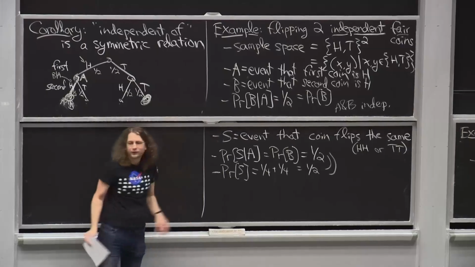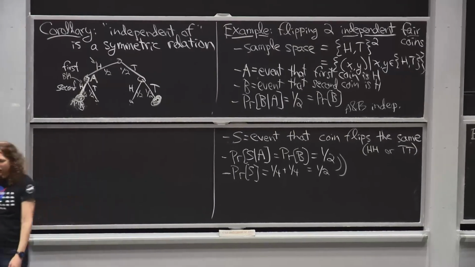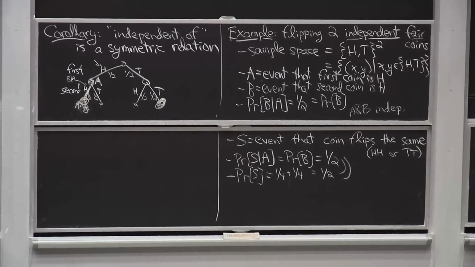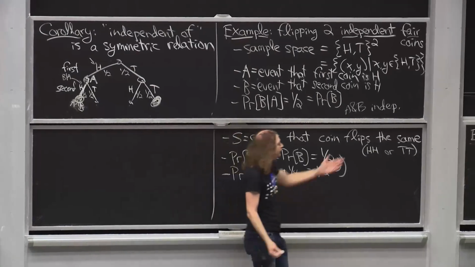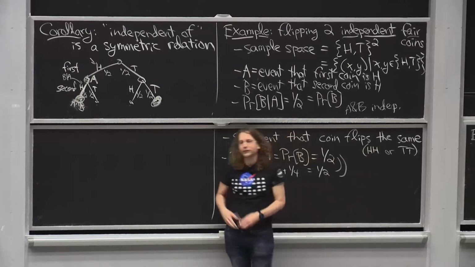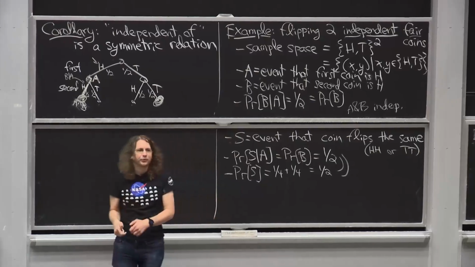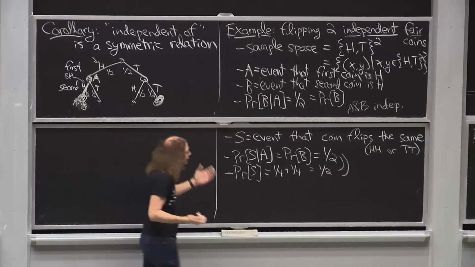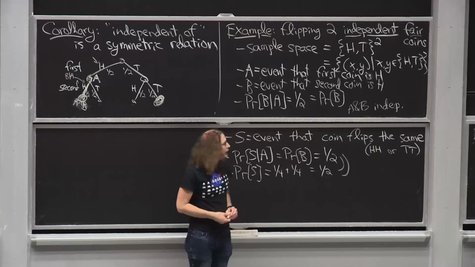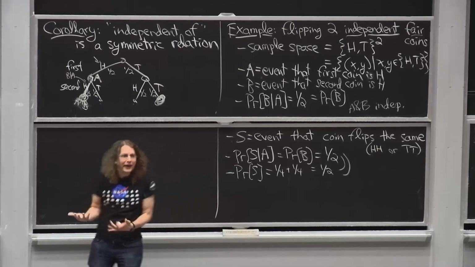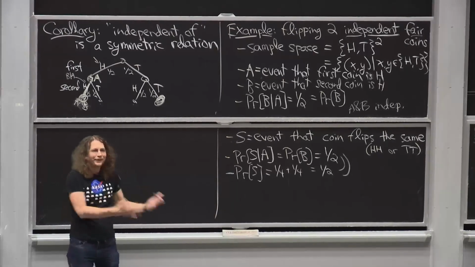So you can think of this as a betting game. Suppose I ask you to bet on whether two coins are going to come out the same or different. And they're fair, independent coins. So I'm going to flip them, and you get $1 if they're the same, and you lose $1 if they're different, or something like that. If I flip the first coin and it comes out heads, that doesn't tell you anything.